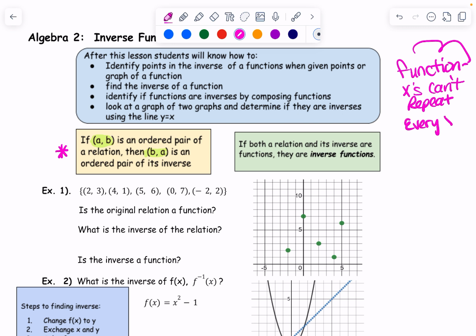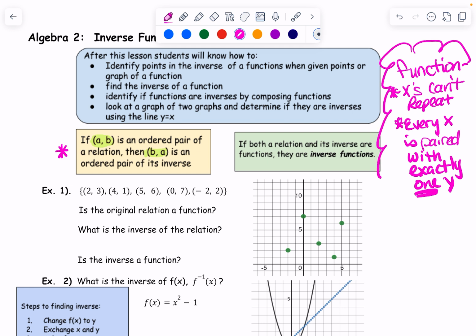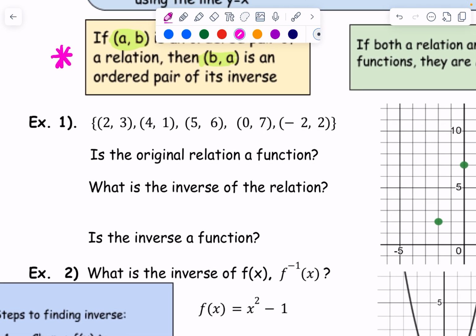Every x is paired with exactly one y. So basically, x's can't repeat. That's really what that means, okay? So these are some things to keep in mind. This is not a new concept for us, right? We learned this in Algebra 1. Okay, so let's look at example 1 for a second.